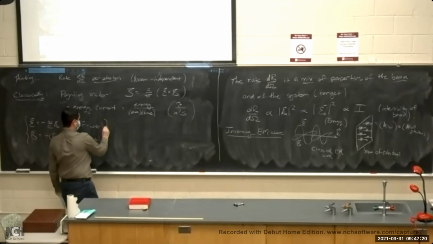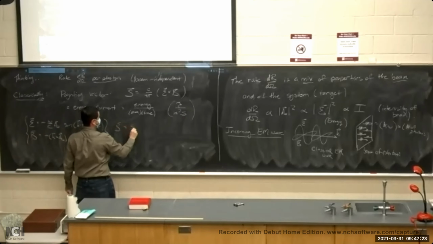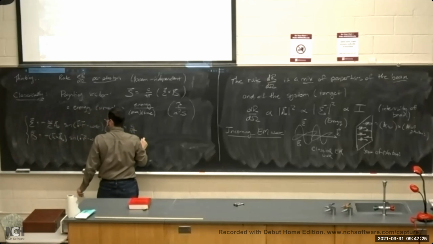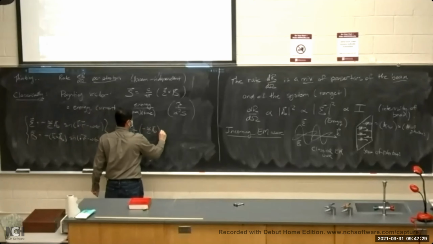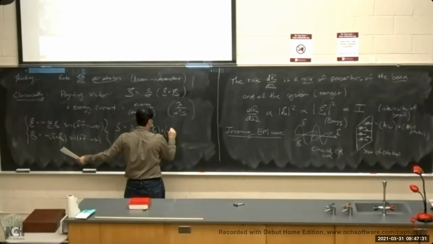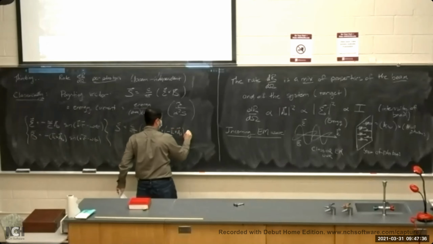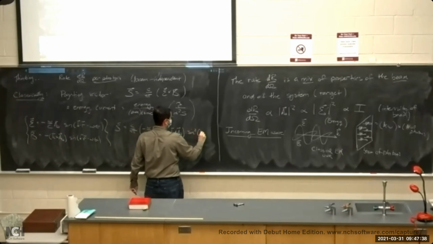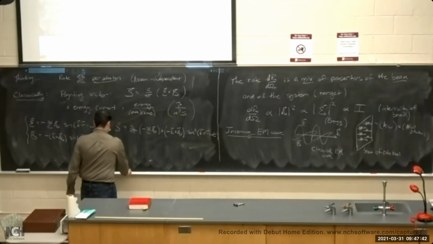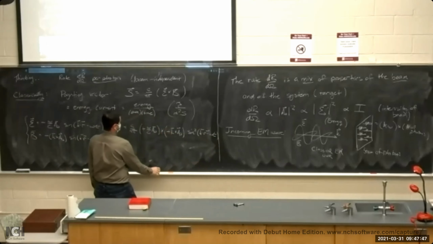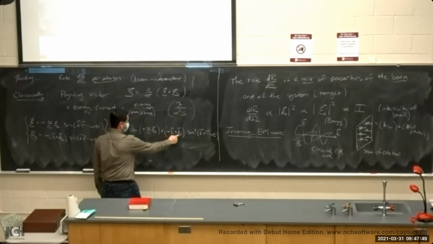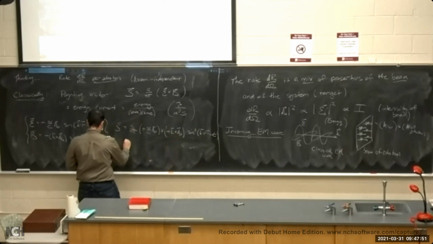So if I calculate the Poynting vector from this, S is c over 4 pi, E is minus omega over c A naught, cross minus k cross A naught, and they both have the same sine squared(k dot r minus omega t). So minus cancels the minus. I get A naught cross k cross A naught, and I can unfold that.